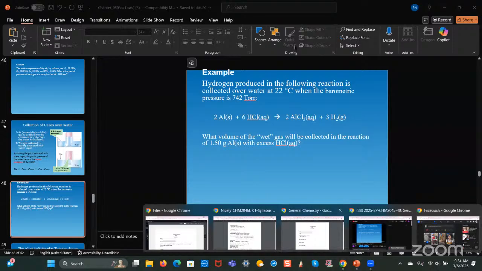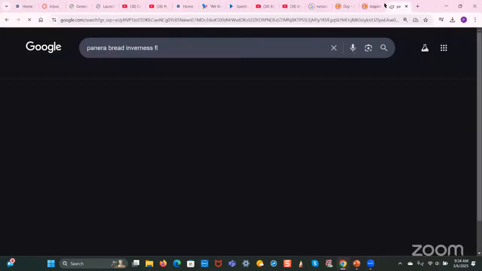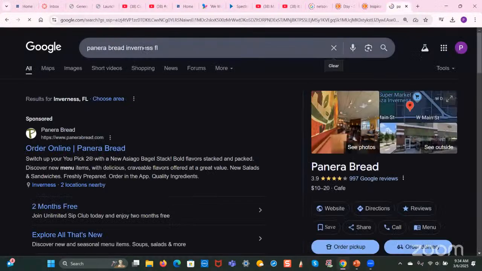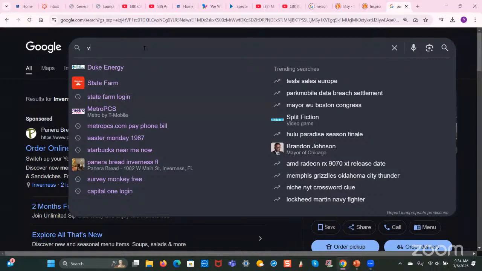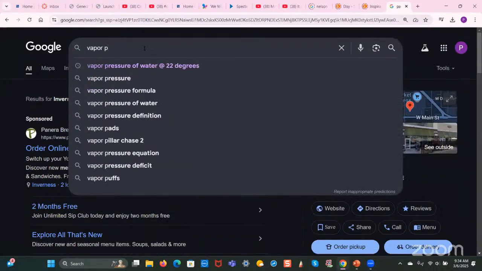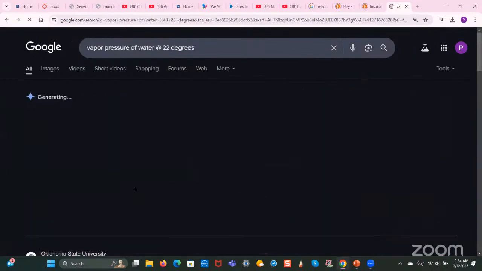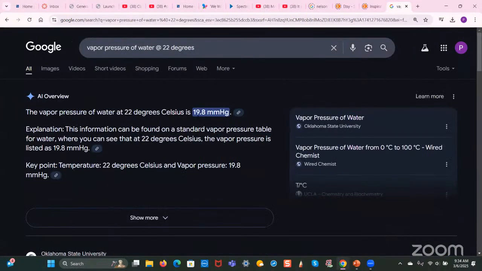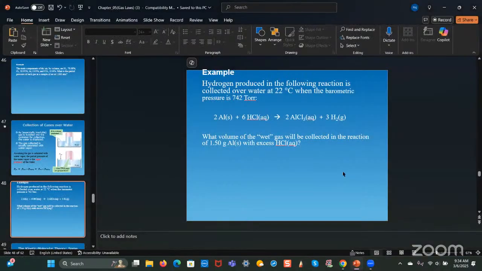vapor pressure of water at 22 degrees. And let's see what this says. So at 22 degrees, it's 19.8 millimeters mercury, right? So that's an additional piece of information that you're going to need.